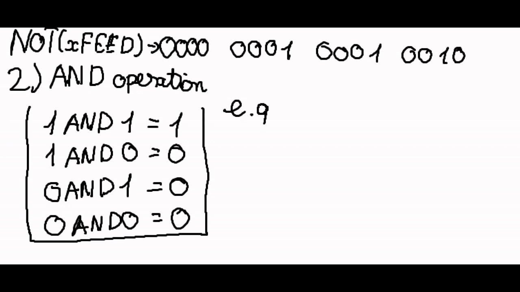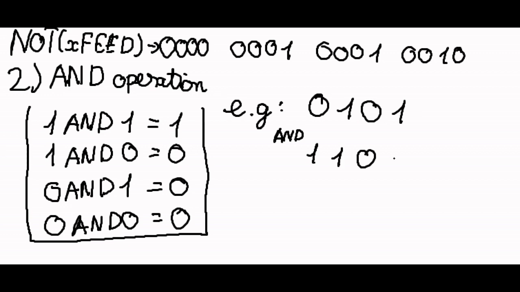Now, let's do a small example before we come back to the main equation. Let's say we have 0 1 0 1 and 1 1 0 1. So how would you do this kind of calculation?